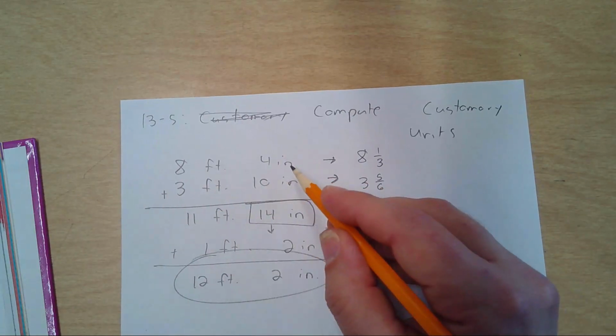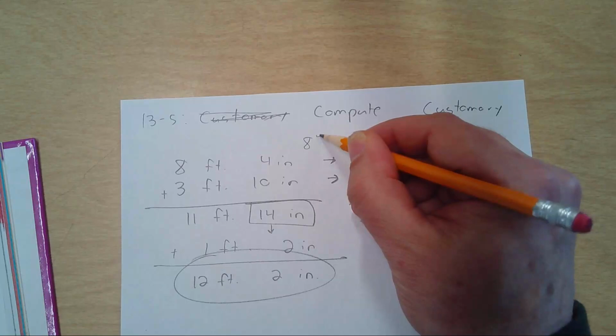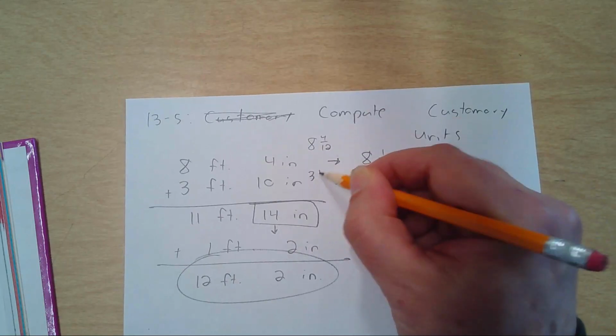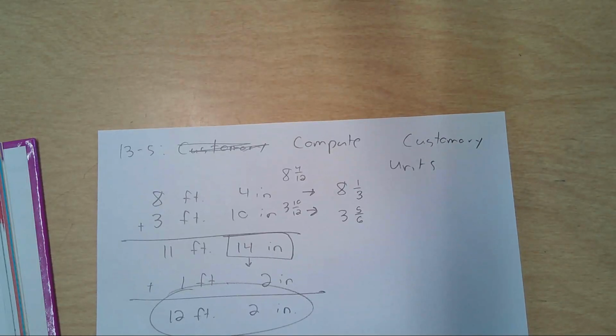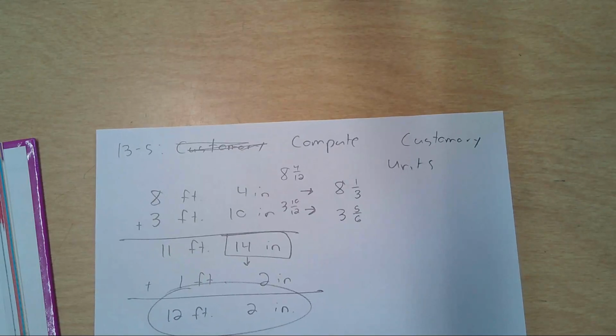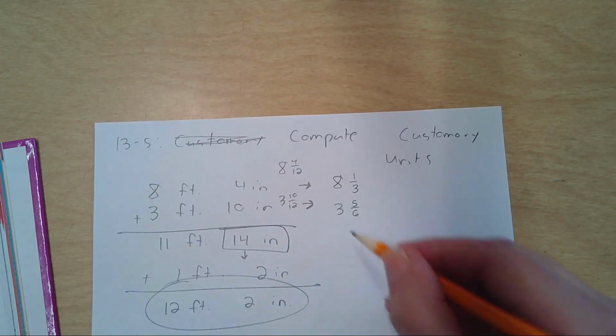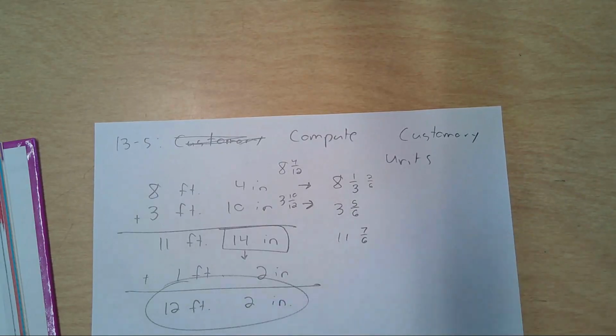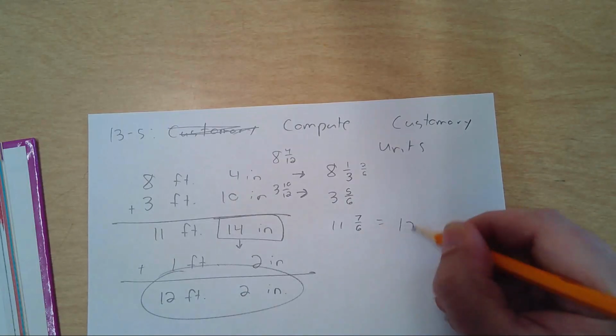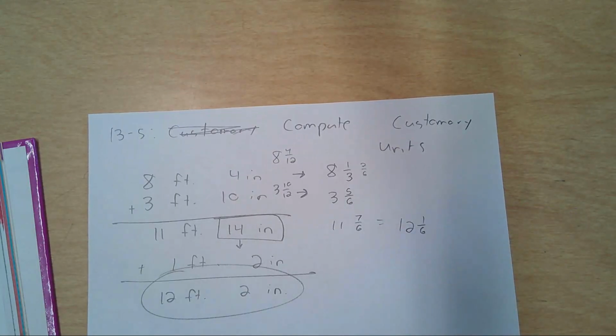This is 8 4/12 officially here. And this is 3 10/12, right? Representing them in feet. You agree with that? What I did? So I have simplified here. This, of course, is 2/6. Added up, I get 11 7/6, which is 12 1/6.